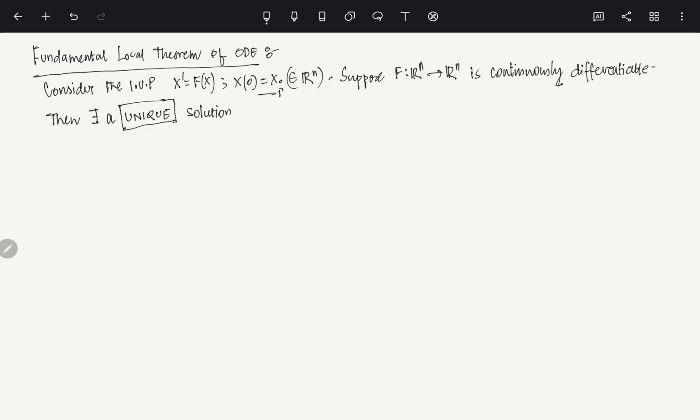Let me call this A1, unique solution to the initial value problem 1.